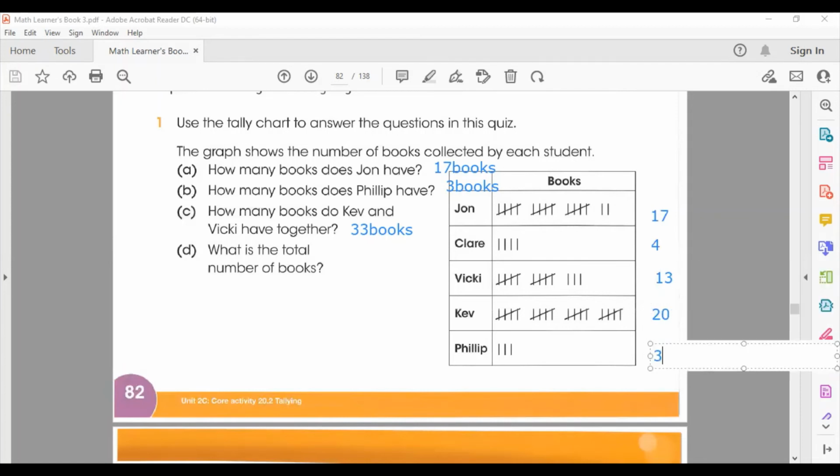Now we can calculate it. 17 plus 4 plus 13 plus 20 plus 3, we are making the total, it's coming 57. So 57 books in total. Next question, let us move to the next page.